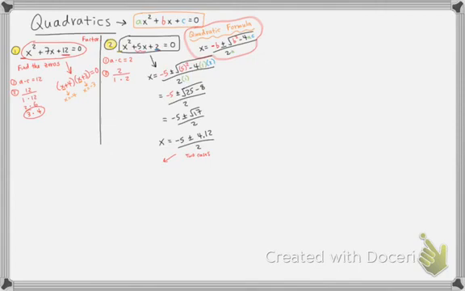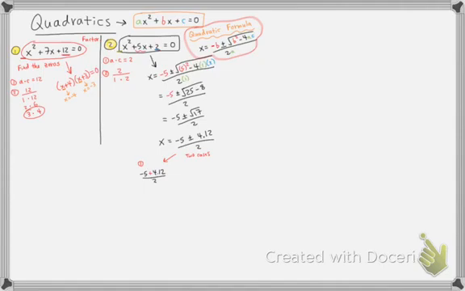So case number 1, let's pretend that this plus minus sign is a plus. I'm going to rewrite what you see except with a plus sign. So minus 5 plus 4.12 over 2. And feel free to use your calculator.